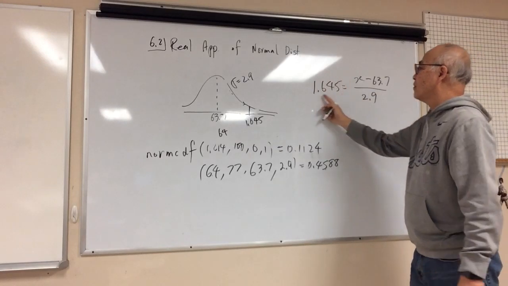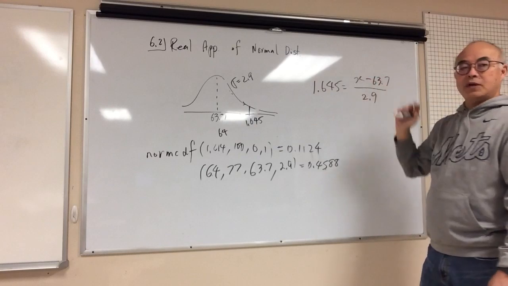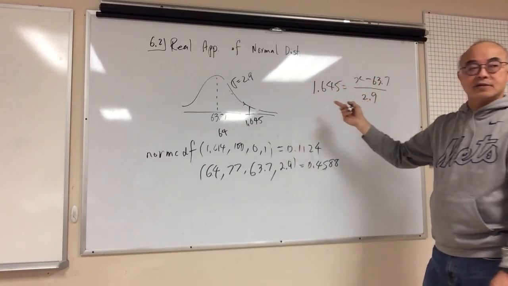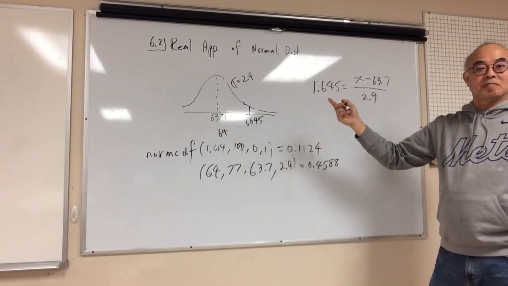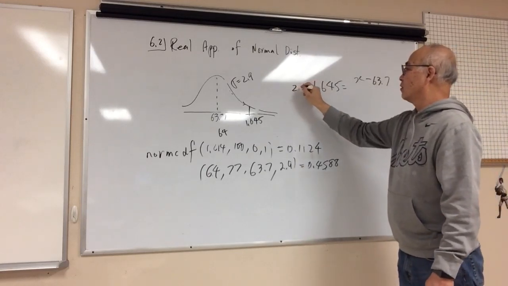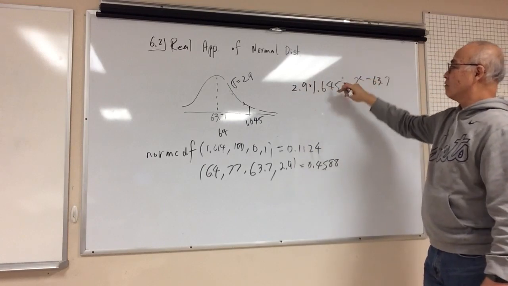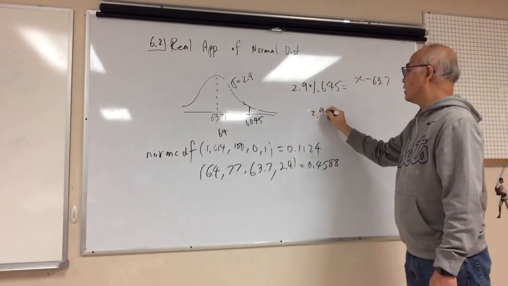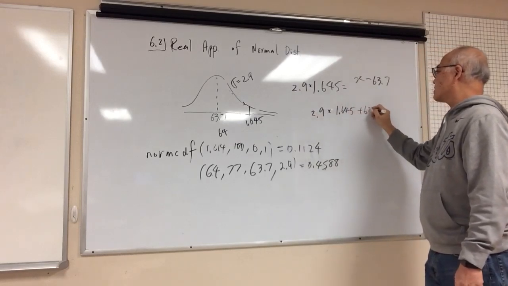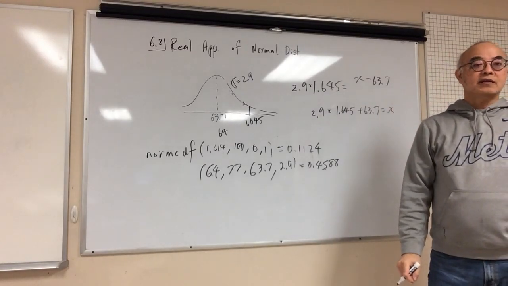It means I am this many standard deviations away from the mean. So I'm backing that out. How do I find x? Get it by itself. I would multiply both sides by 2.9 and move this over, so it would be 2.9 times 1.645, add 63.7, and that would be my answer. Everybody see that?